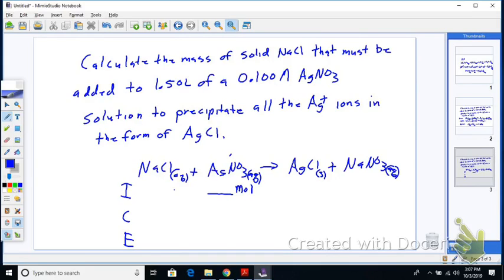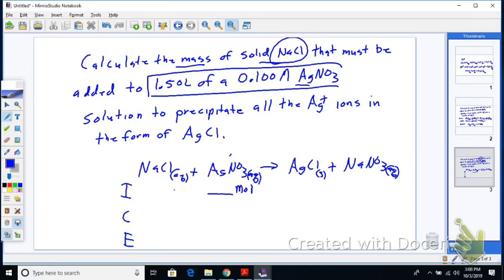They're asking us what's the mass of NaCl that is required to react with all of these silver ions? So, I want you to take this information and find the moles of AgNO3.